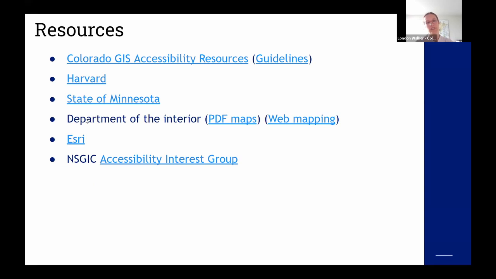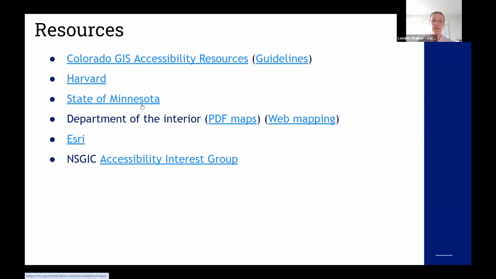And I have included some of my favorite resources and just our resources. We have a page with some training that we've done in the past, and then the guidelines that we have for Colorado mapping. Harvard has a lot of good accessibility help for general accessibility.